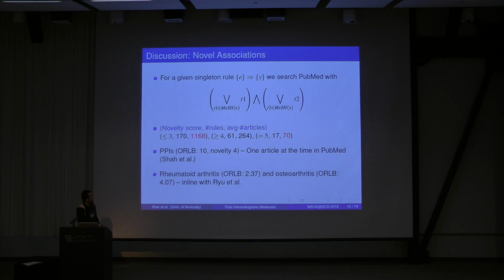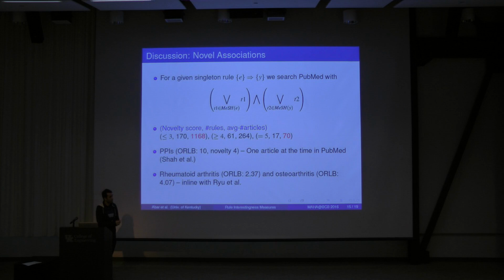So combining the MeSH terms of antecedent and consequent, we are making a search and we are getting the values here. With the novelty score of bigger than 3, we have almost 1100, more than 1100, and novelty score higher than or equal to 4 is 264, and novelty score is 5.